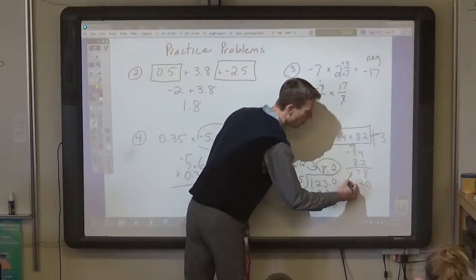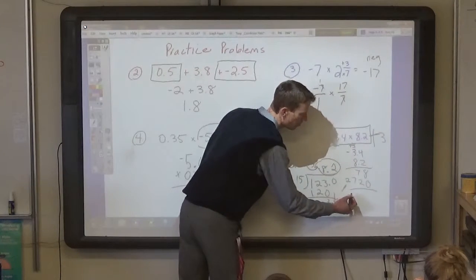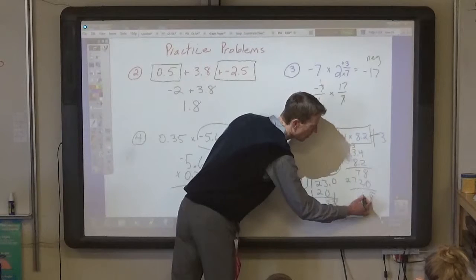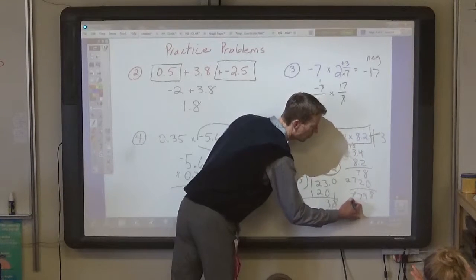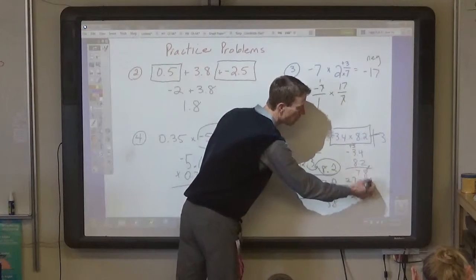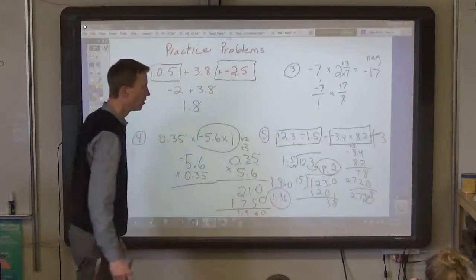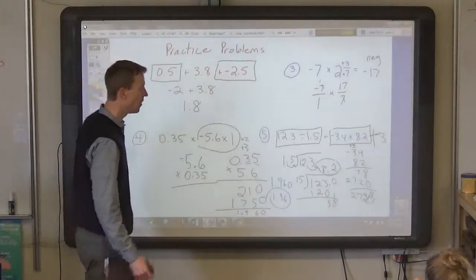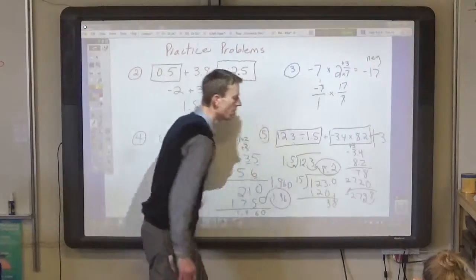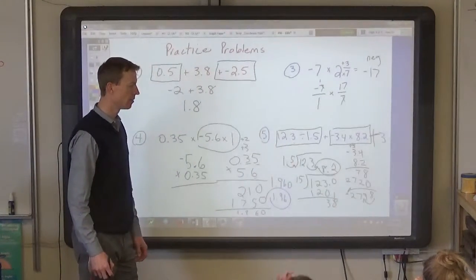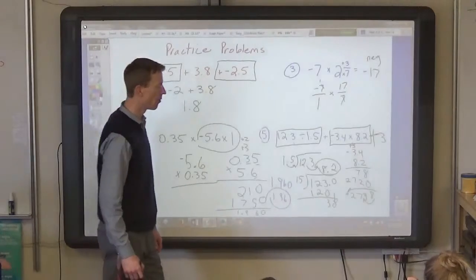Plus 3 is 27. So this is 8, 9, 7, 2. 2 places behind the decimal point. So 8.2, and this is negative 27.98. Now I'm running out of room here.